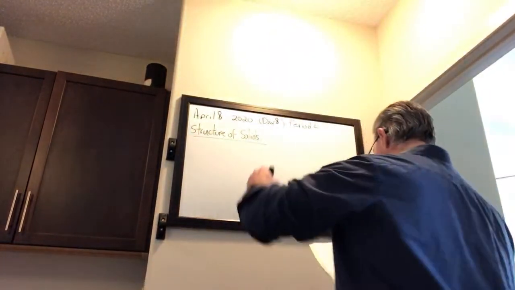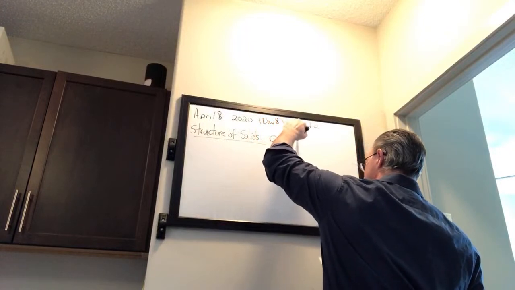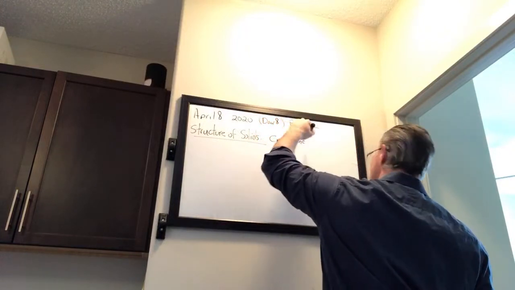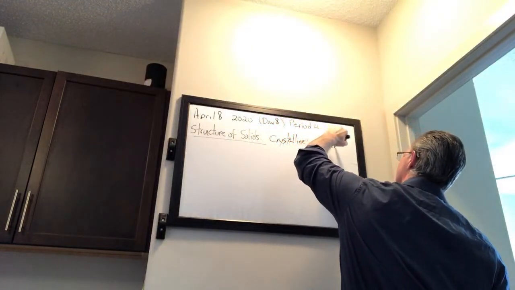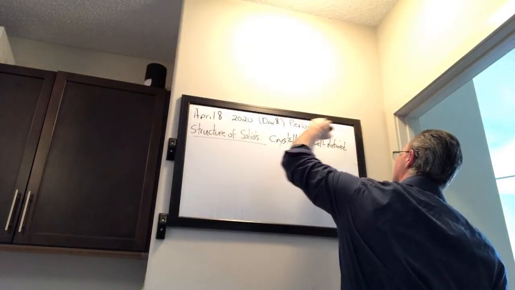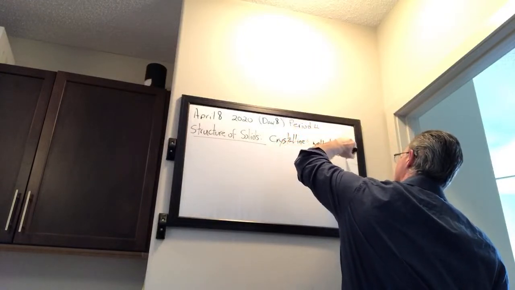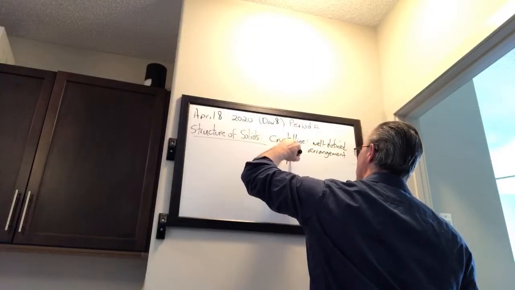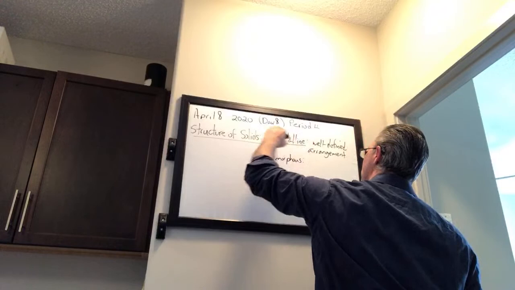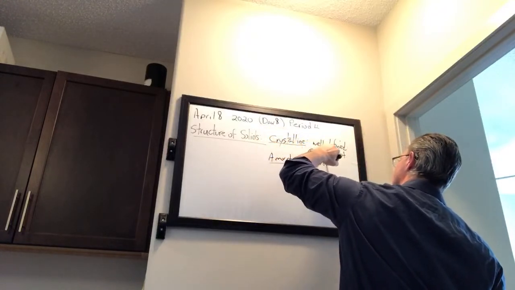So we have crystalline as a possible form. It has a well-defined arrangement. And you can have amorphous solid, where there is no orderly structure.